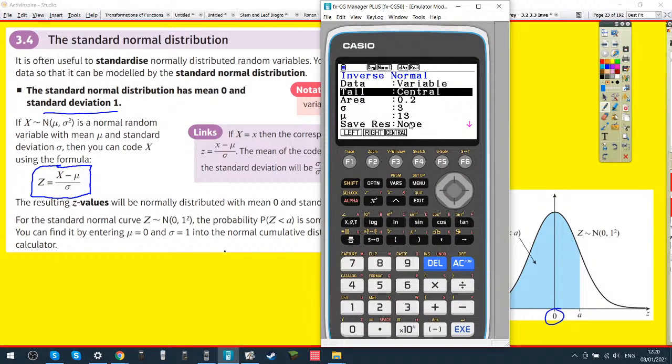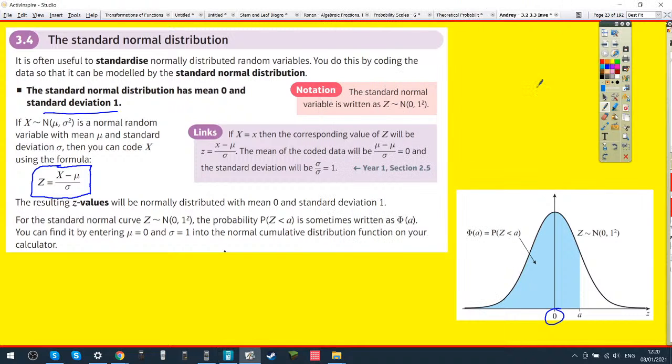Okay. So calculator, what is deviation? What is mean? So deviation is 1, mean is 0. Yep. And what way will the tail go for greater than?